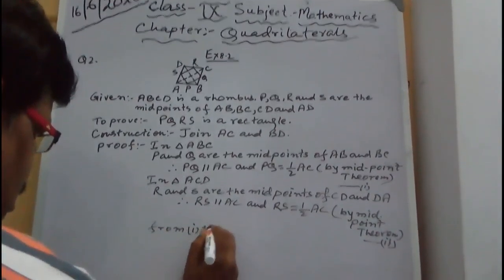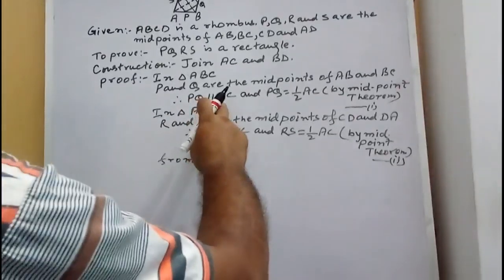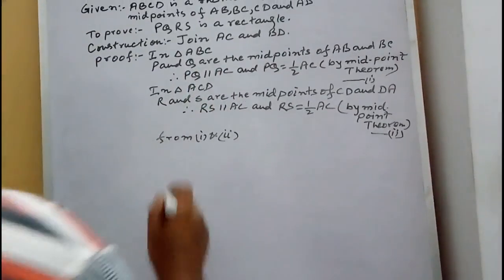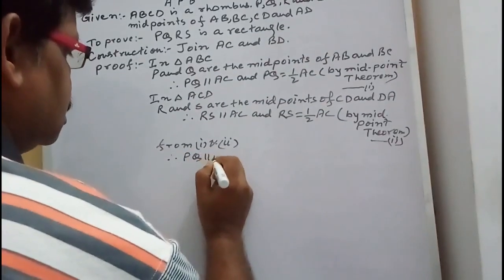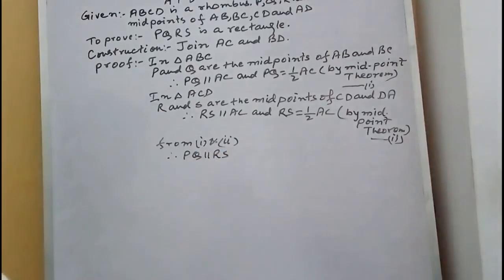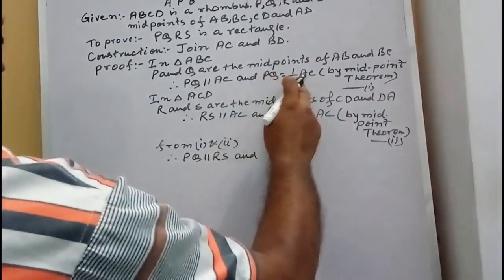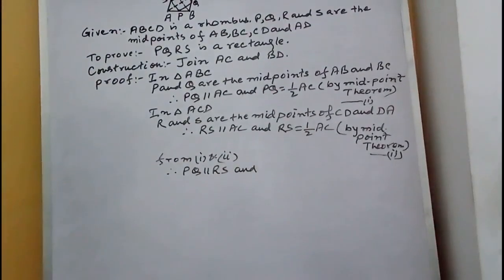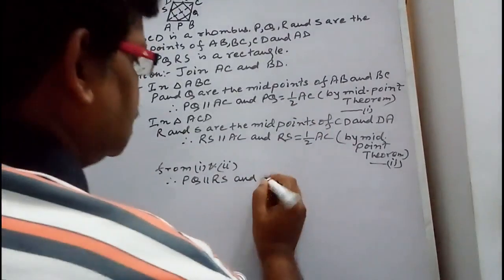So from 1 and 2, PQ parallel to AC, RS parallel to AC. So therefore PQ parallel to RS, and PQ equal to half AC, RS equal to half AC. That half AC becomes common for both.